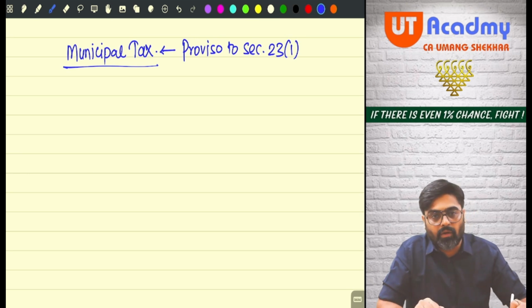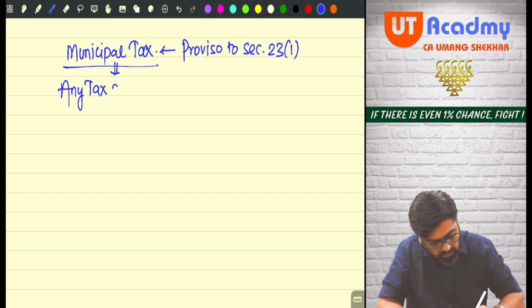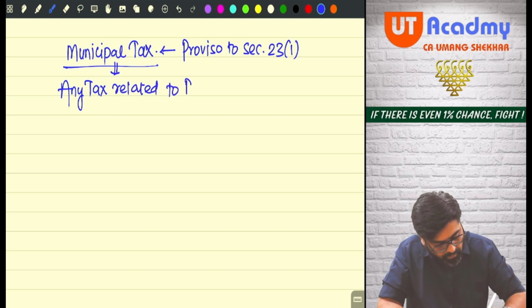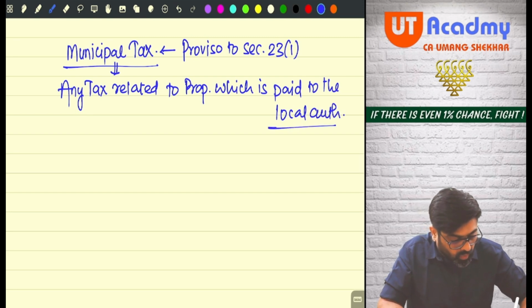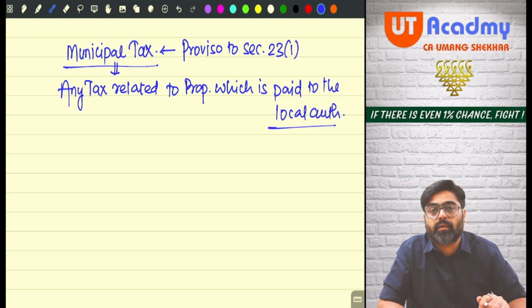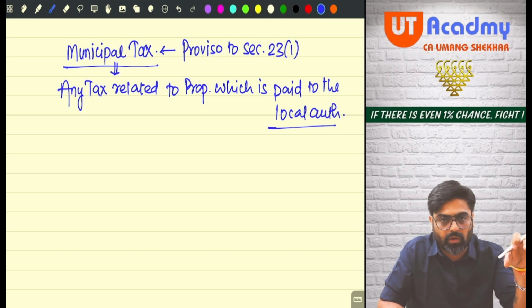Now what is the meaning of municipal tax? See, municipal tax means any tax related to property which is paid to the local authority. Local authority means a municipality, corporation, or gram panchayat; they are local authorities.